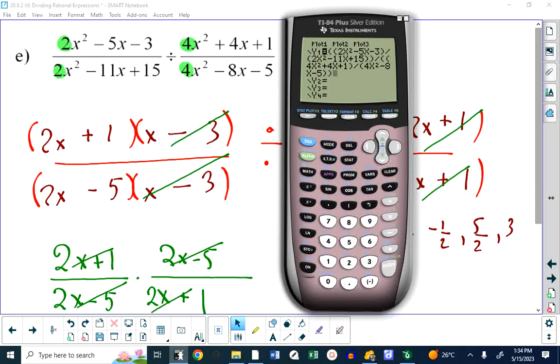What did we say this was supposed to equal? 1. You see how slow my calculator is moving? It's plugging everything into that mess that I've entered. I'm going to adjust the window settings so that we're not wasting a bunch of space here. Let's go from negative 3 to negative 2 to 3.